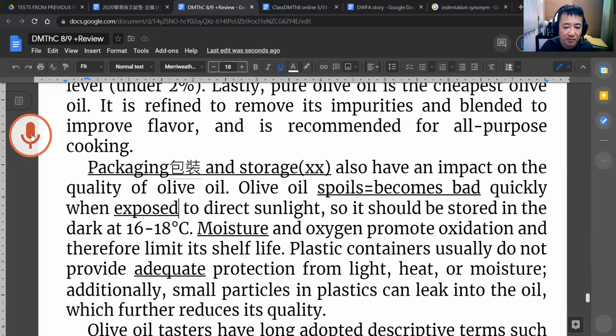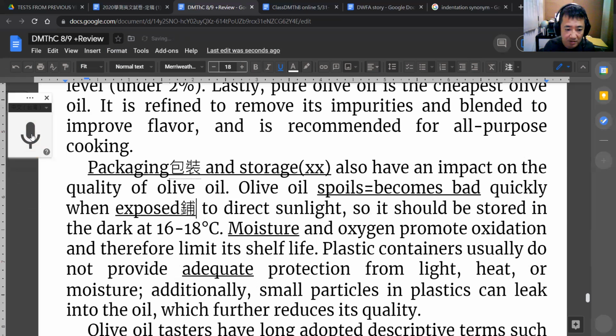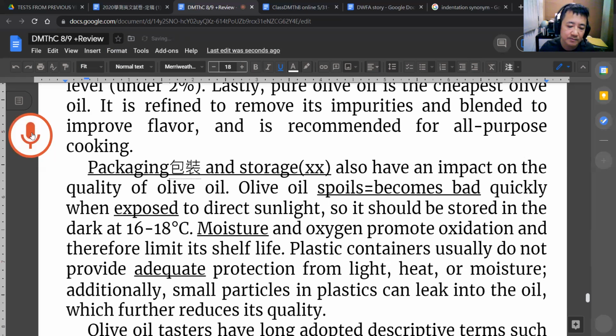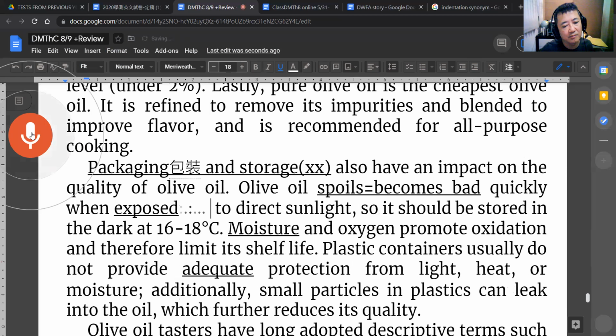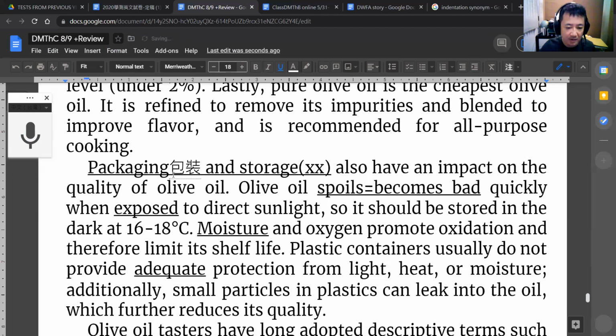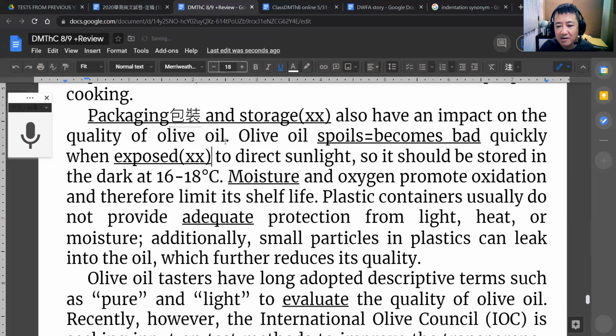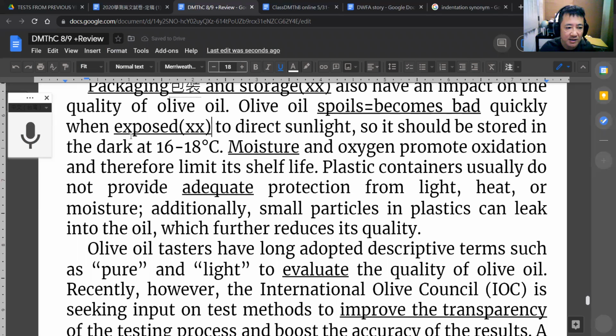We did this before. Well, you get the point. When exposed to direct sunlight. So it should be stored in the dark at 16 to 18 degrees Celsius.